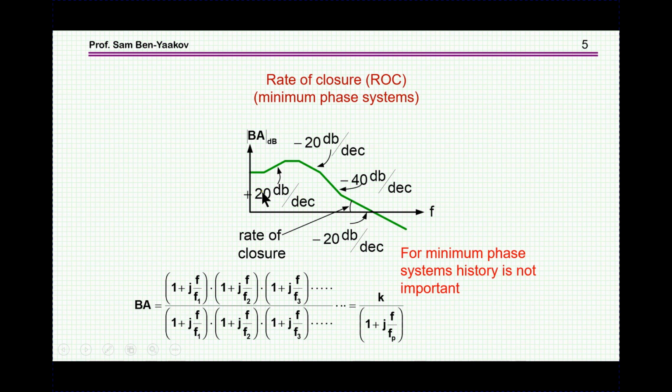This is because all the poles and zeros, all the phase shifts, cancel out, and you are left with 20 dB per decade, which implies a maximum of 90 degrees phase shift.